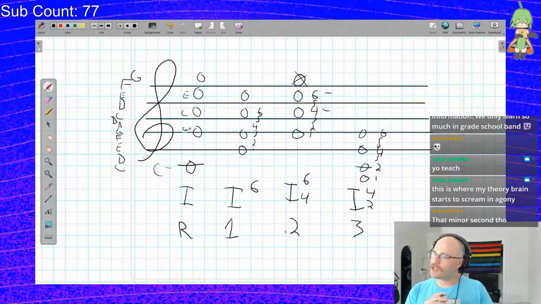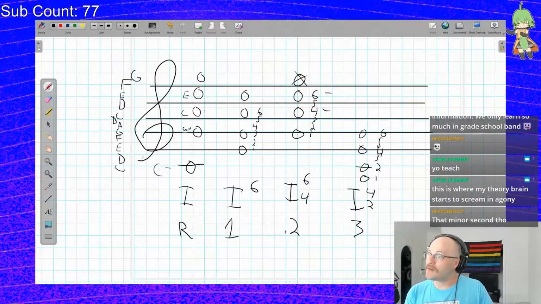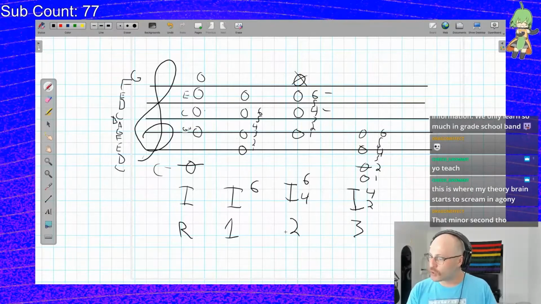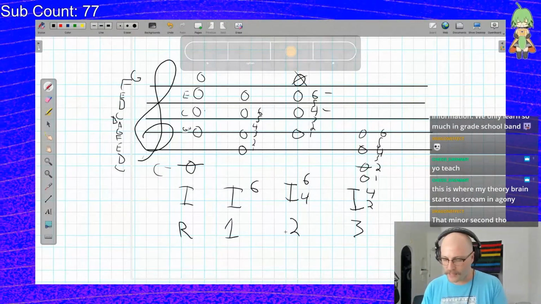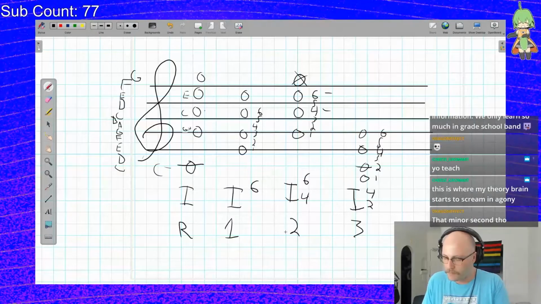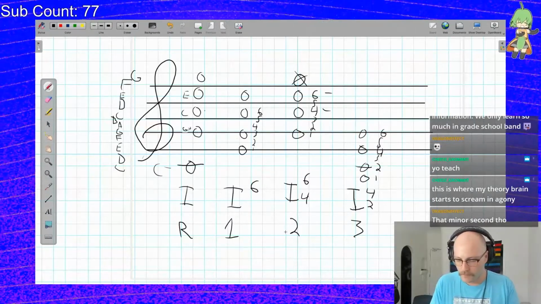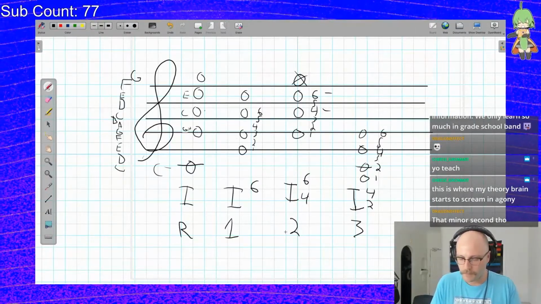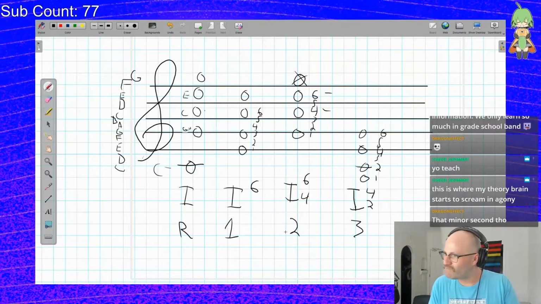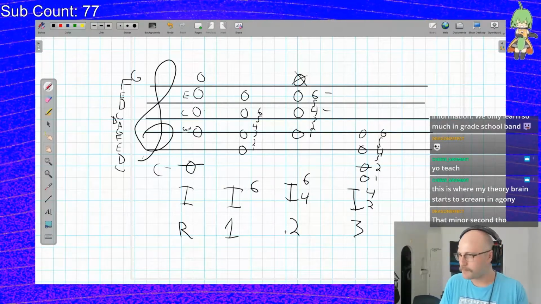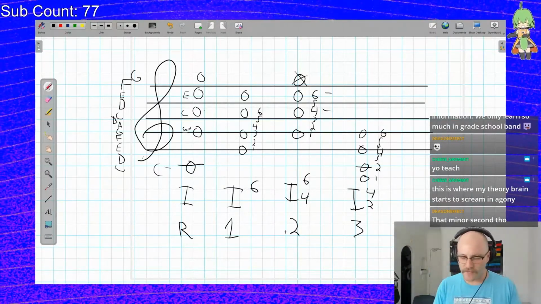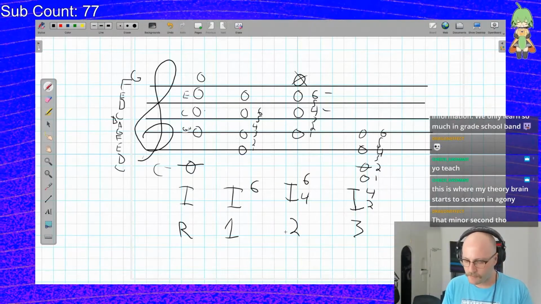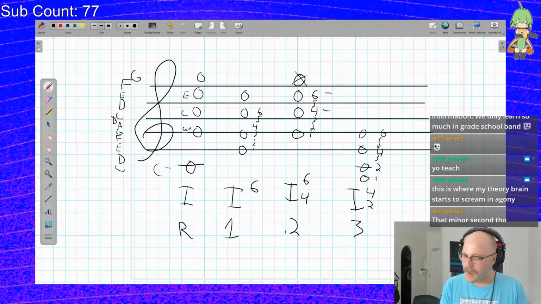7ths are generally accepted because of the dominant 7th chord, this tonality right here. Because that's so common. It can still work for obviously major 7ths and for minor 7ths.